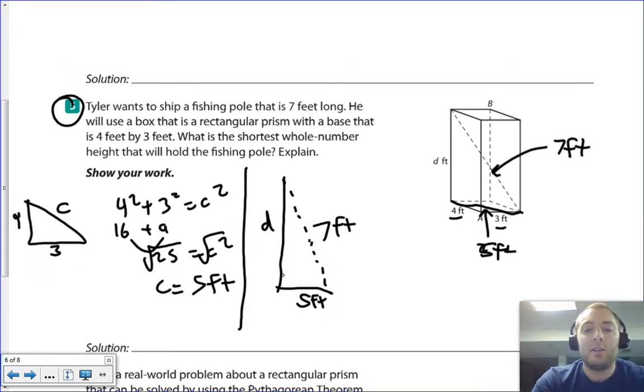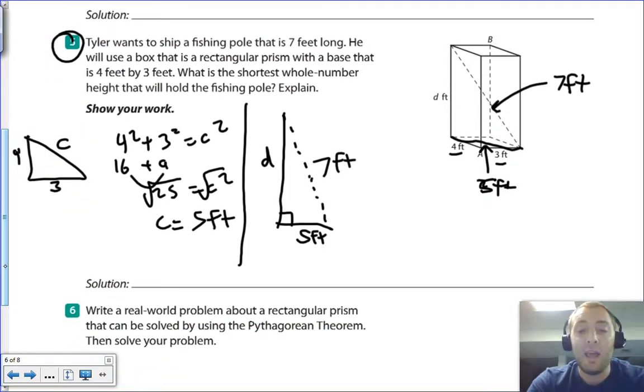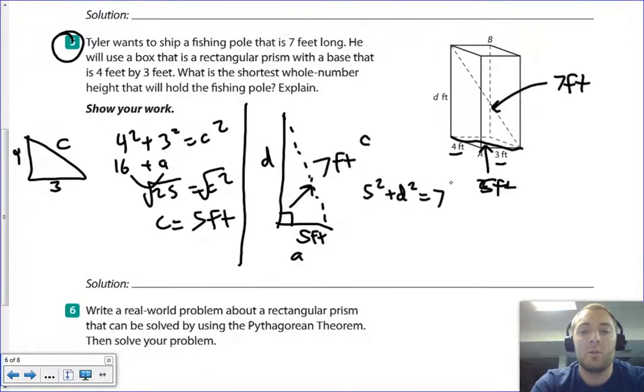So now when I look at that, it forms a right triangle again, so we can use the Pythagorean theorem again. But this time what we're trying to find is one of the legs. We have the hypotenuse, which is 7, so that's our C. This will be our A, and we're trying to find that missing part. So 5 squared plus D squared equals C squared, which is 7 squared.